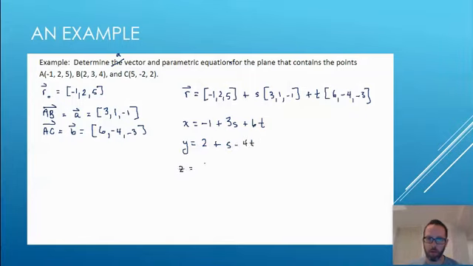And z equals 5 minus s minus 3t. So we have our first example, finding vector and parametric equations. And it's not too bad. You just need to get a point on the plane and find some way to get 2 direction vectors.